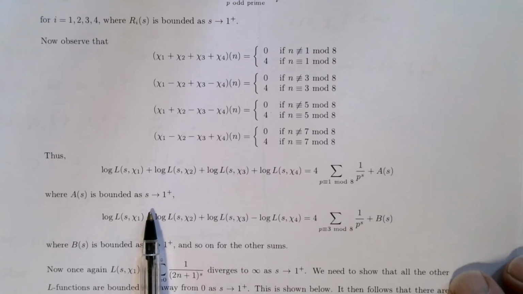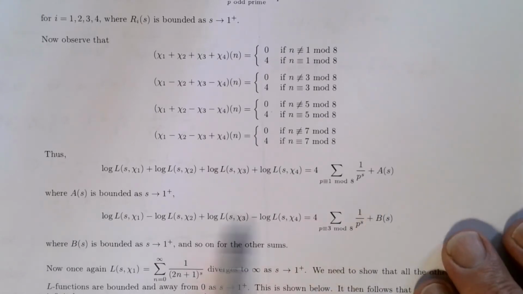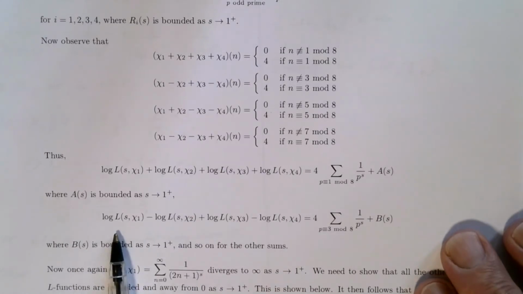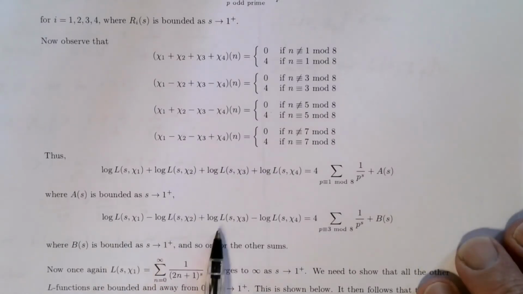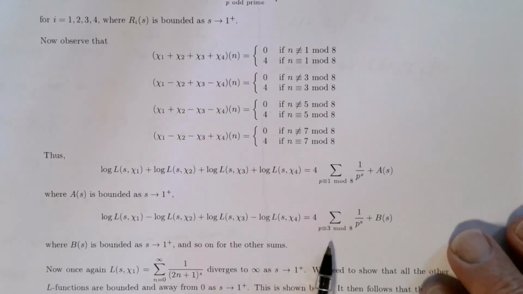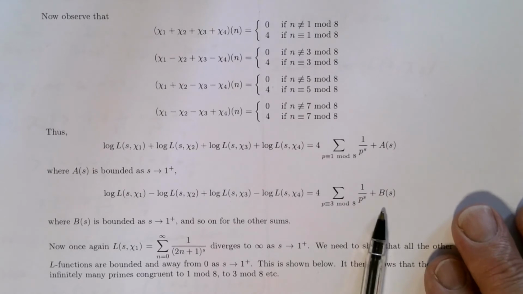This a is going to be r1 plus r2 plus r3 plus r4. Each one of those is bounded. Similarly, if I use the second line up here and I take the log of that minus the log of that plus the log minus the log, that picks out the 3 mod 8 primes, plus again the sum term which is bounded because s goes to 1 from above.